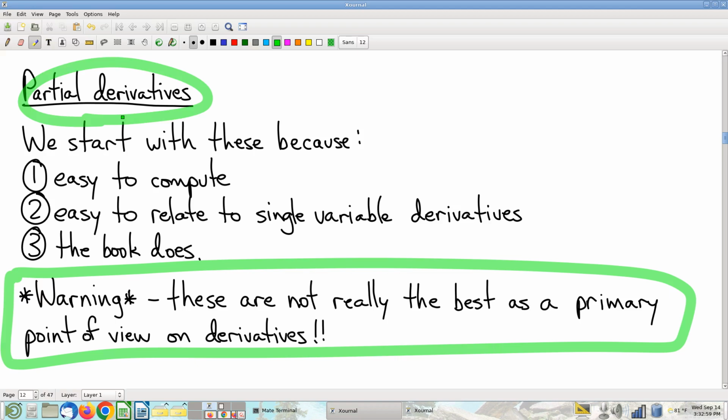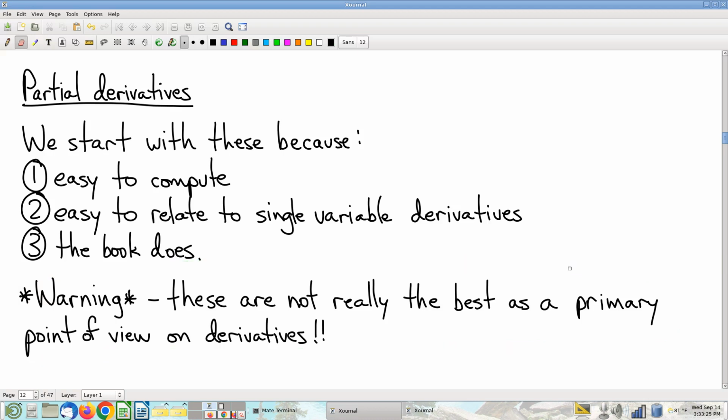The rest of this course is going to be just chock full of partial derivatives, and yet there is a more fundamental point of view on how you should think about multivariable derivatives that is not partial derivatives. So I just want to plant that thought. Leave a little space in your filing system of your brain for what that fundamental point of view on derivatives is, because this should not be it.